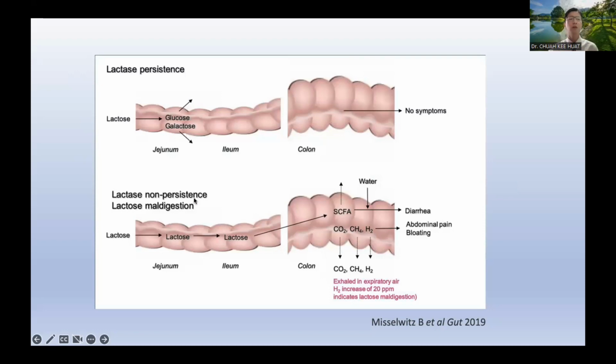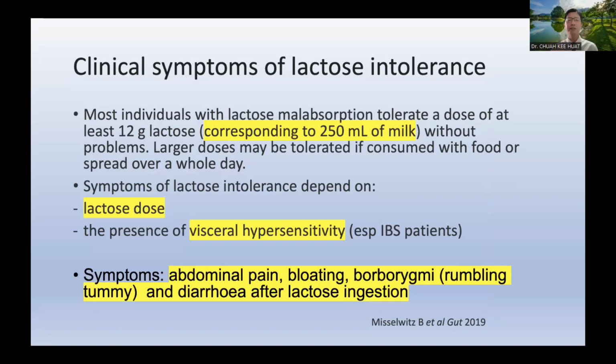In those lactase non-persistent or maldigestion, the lactose will persist and go all the way into the colon and will be fermented by the microbiome in the colon and produce symptoms like diarrhea, abdominal pain, and bloating after the consumption of lactose. We can detect it by using the hydrogen breath test.